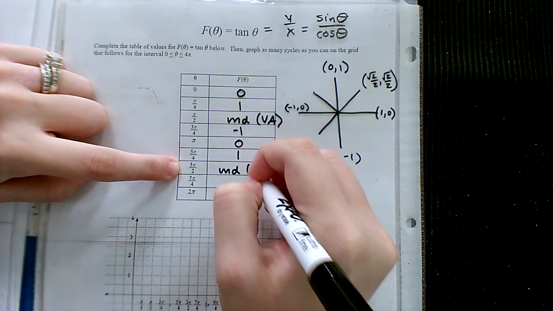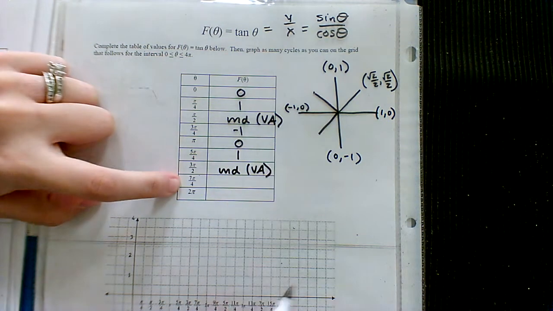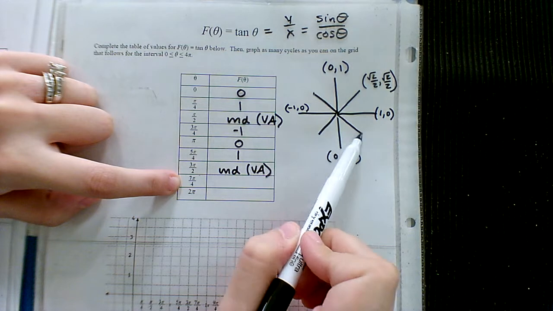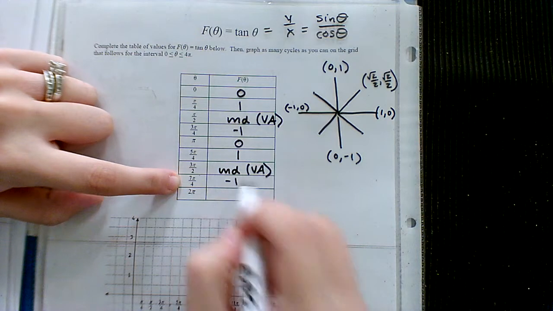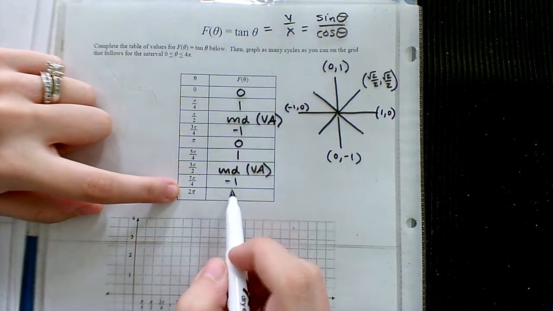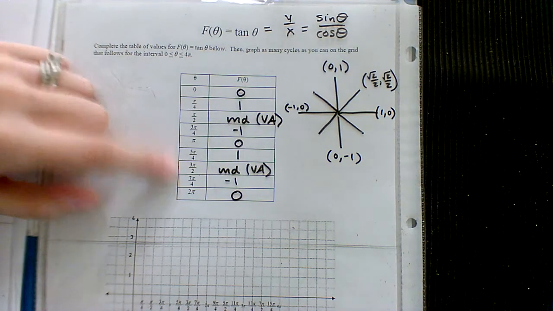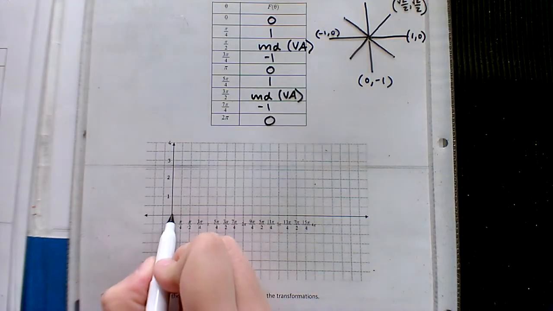Undefined, yep, another vertical asymptote. All right, 7 pi over 4, middle of the fourth quadrant. Yep. Negative 1, good. And then 2 pi back to where we started. We got 0. All right, let's plot some of these points.